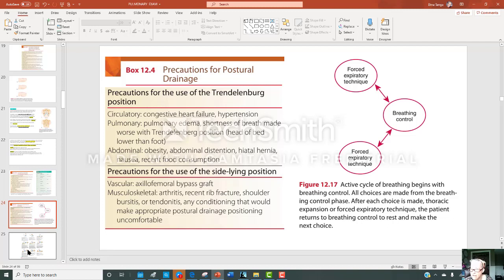Active cycle of breathing begins with breathing control. All choices are made from the breathing control phase. After each choice is made, thoracic expansion or forced expiratory technique, the patient returns to breathing control to rest and make the next choice. Don't totally understand that one.